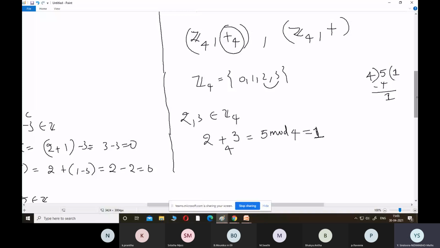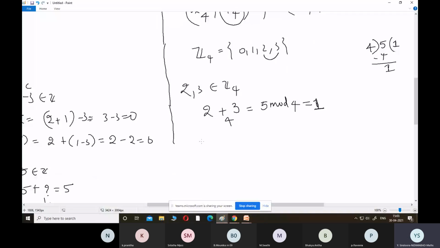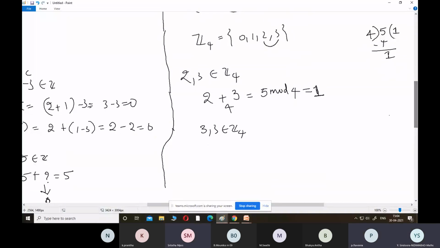Now tell me, can I take 3 comma 3 belonging to Z4? Yes, right? The same number I'm taking twice, and there's nothing wrong in it. So what is 3 plus 3 modulo 4?